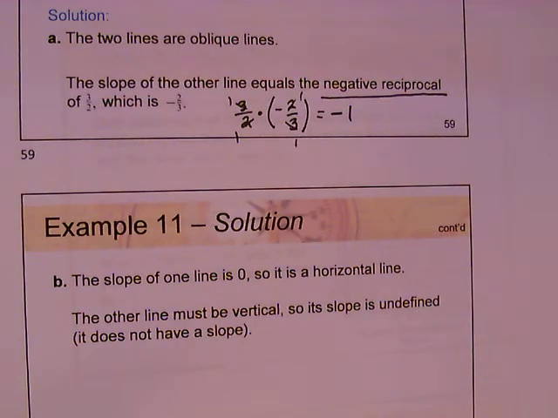So that means the other line has to be vertical. That would mean the slope would have to be undefined, as I talked about in the last video for finding an undefined slope. So that means with an undefined slope, it does not have a slope. Well, it does, but it's actually undefined.